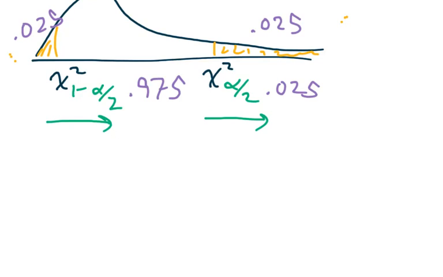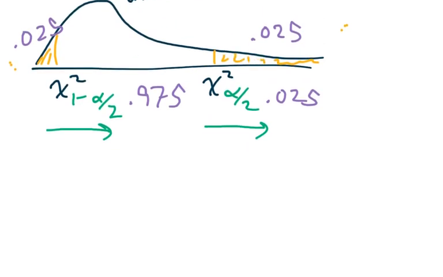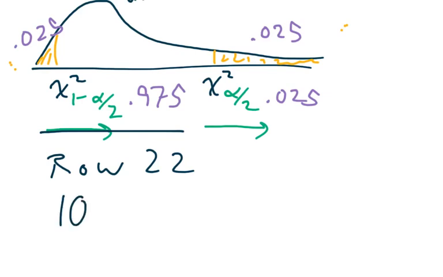Okay, so scroll on down, and now we'll do the same exact thing. We'll use row 22 for 22 degrees of freedom. Let's say for this value, chi-squared subscript 0.975, that one we look up and we find is 10.982.